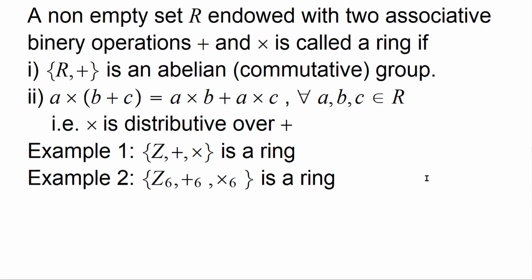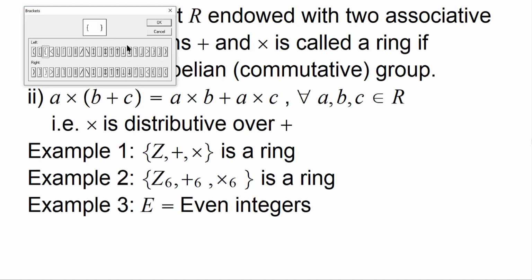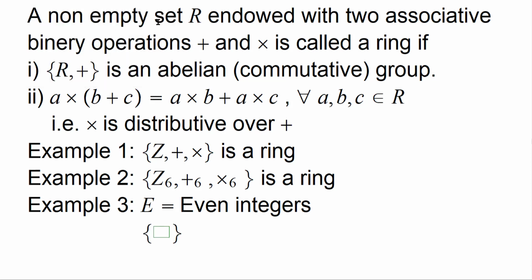Okay, and we can continue with these examples. Say we call E the set of even integers. Then we have seen that E is also an abelian group with respect to addition, and at the same time the product of two even integers is even.